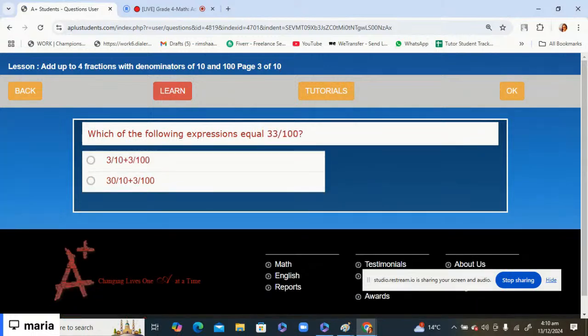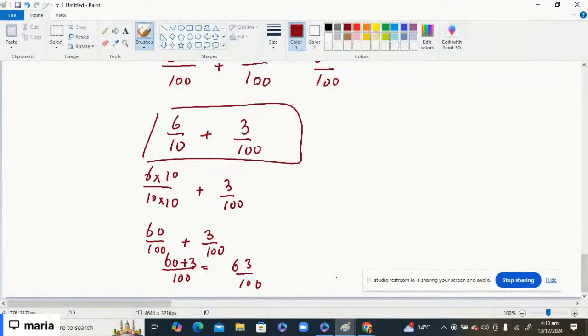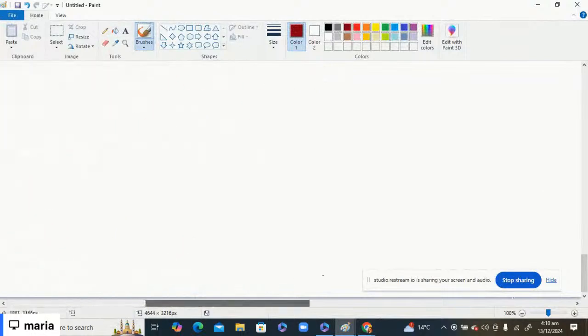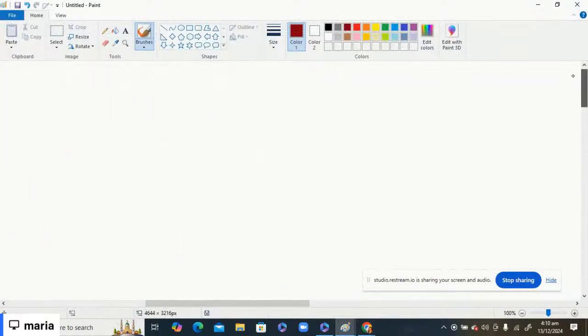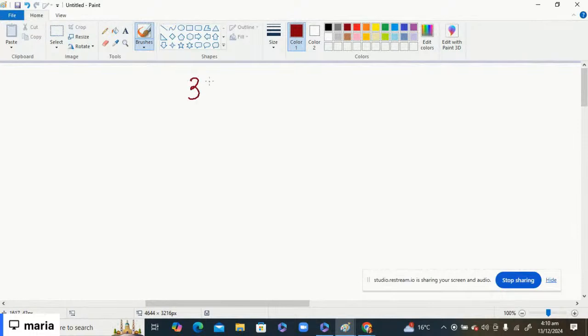Now you tell me the answer of this one: 33 over 100. Solve it and then tell me. Let's solve it together.